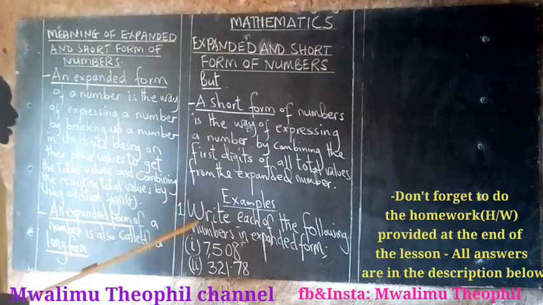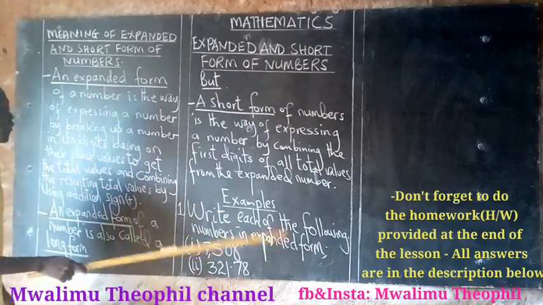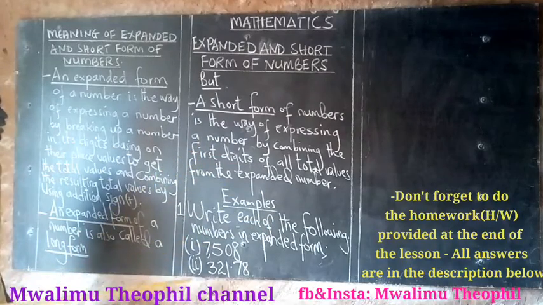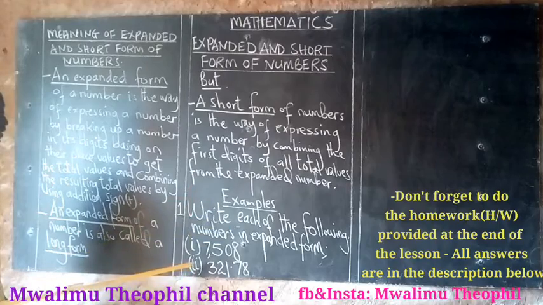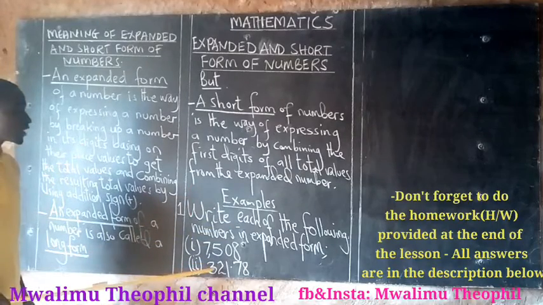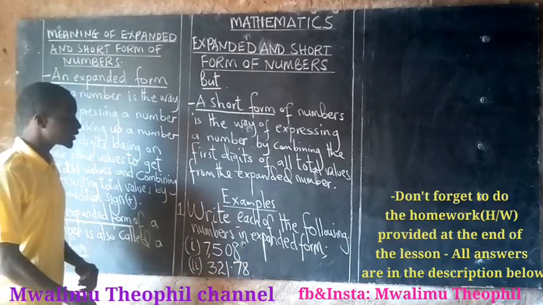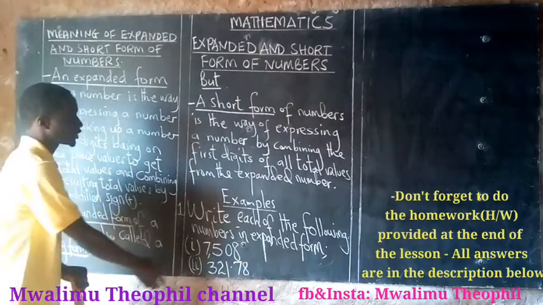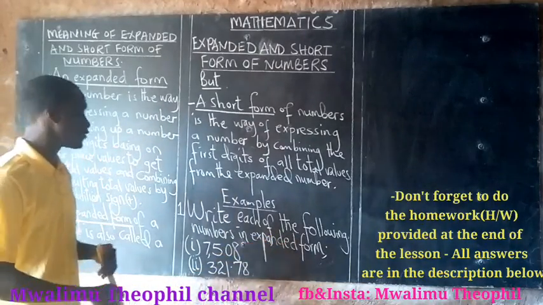Example 1. Write each of the following numbers in expanded form. The first number, 7,508. A second number, 321.78. Now, let us see the solution for each in terms of writing them in expanded form.